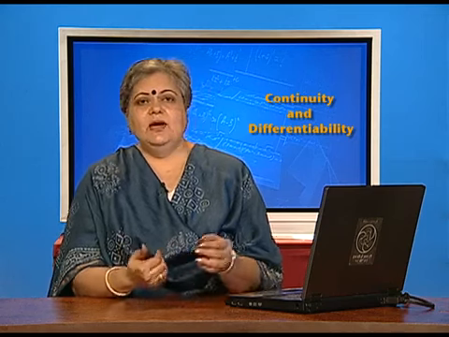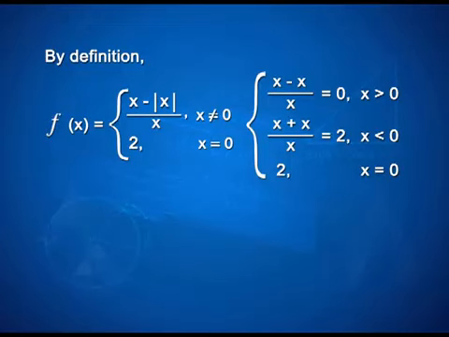So, keeping that in mind, let us redefine our function, and we have the function rewritten for x greater than 0, taking the value 0 because mod x is x, simplify and you get f x is equal to 0. When x is less than 0, mod x takes the value minus of x, and therefore, it all simplifies to 2. At x equal to 0, the function takes the value 2.